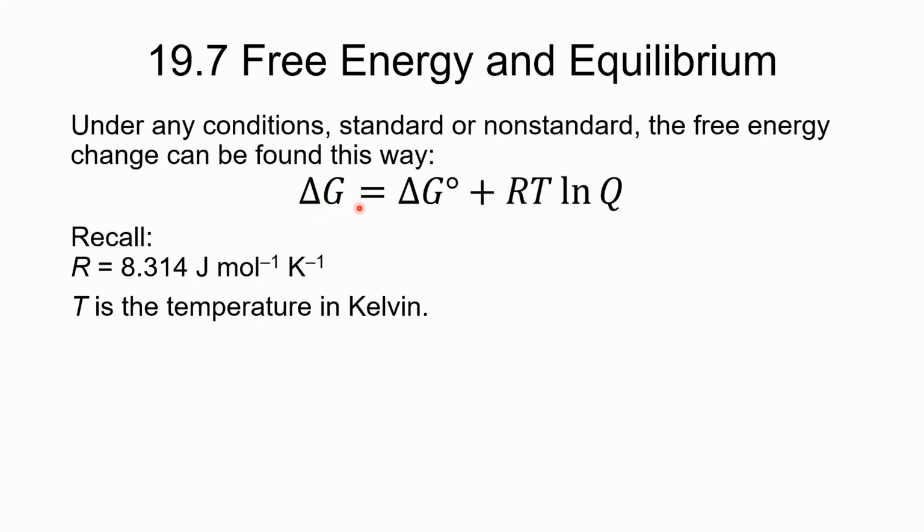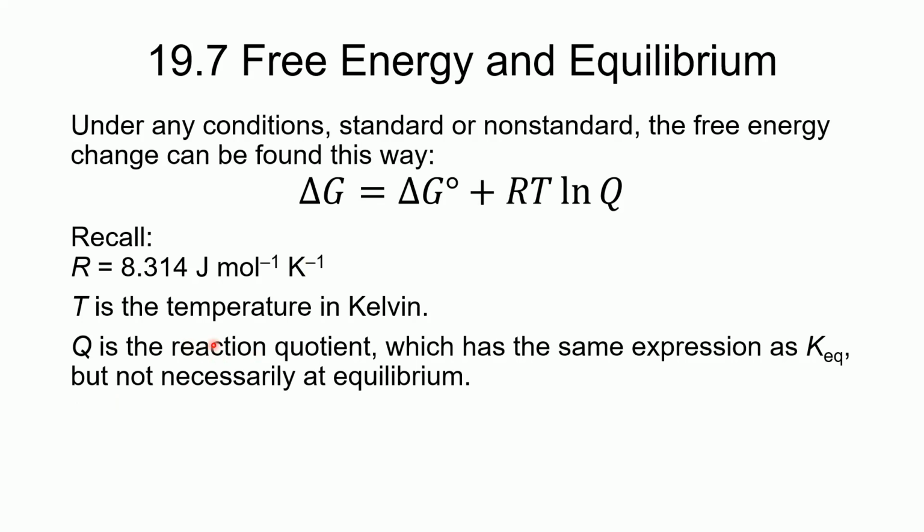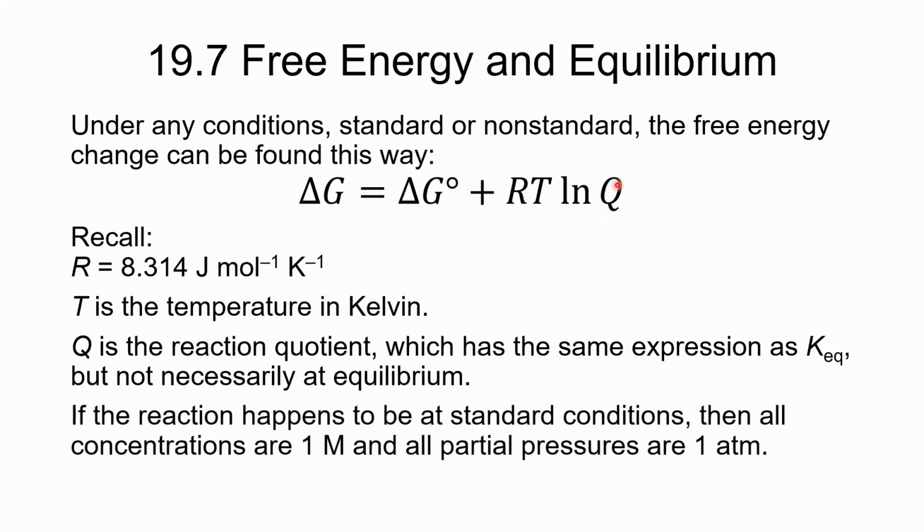Now, Q is the reaction quotient. If we happen to have everything at standard conditions, all of the gases are at 1 atmosphere, and all of the things that are in solution are 1 molar. So at 1 atmosphere, 1 molar, that means that the value of Q at standard conditions is going to be equal to 1. Well, the natural log of 1 is equal to 0.